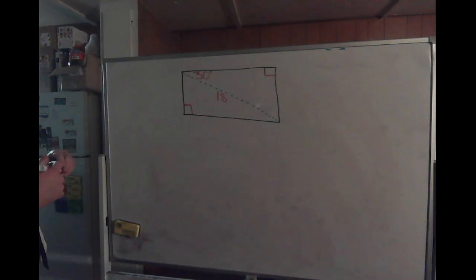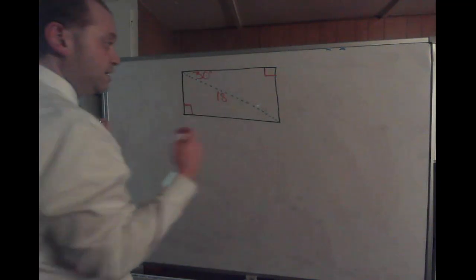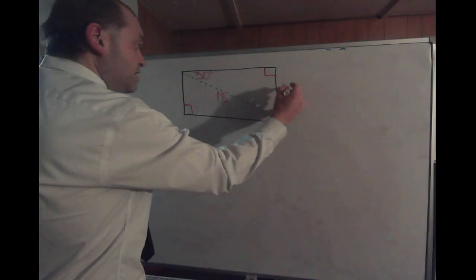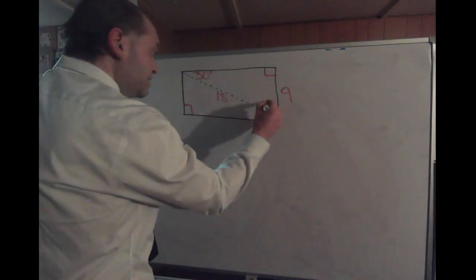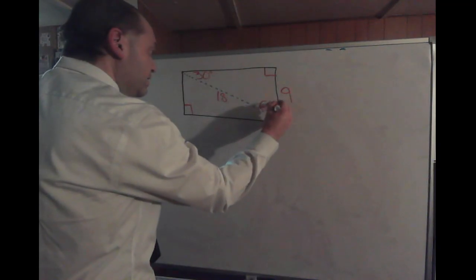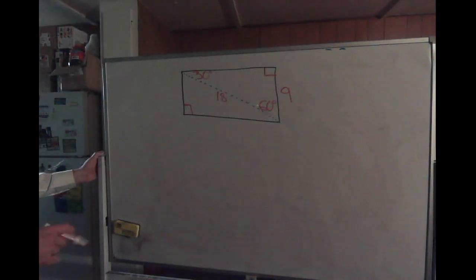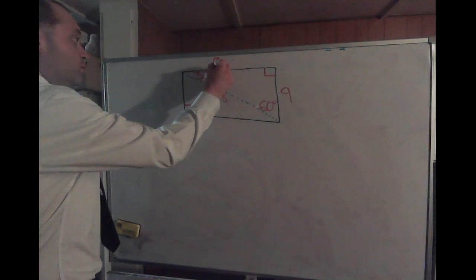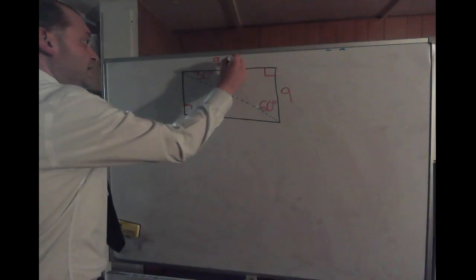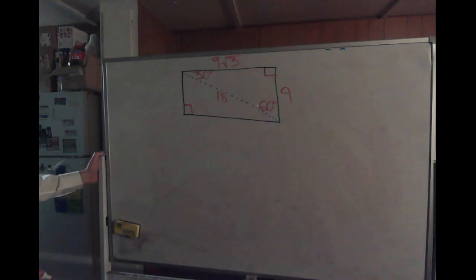That the length of the shorter leg is half the length of the hypotenuse. So that now gives you a length of 9, which would have to mean that this is a 60-degree angle here. The length of the longer leg is the square root of 3 times the length of the shorter leg. So the length of your base would be 9 times the square root of 3.